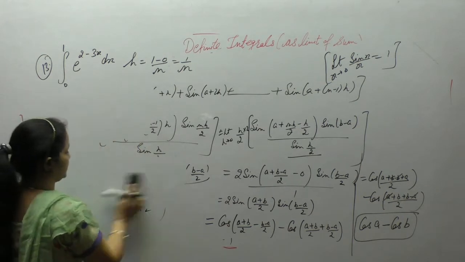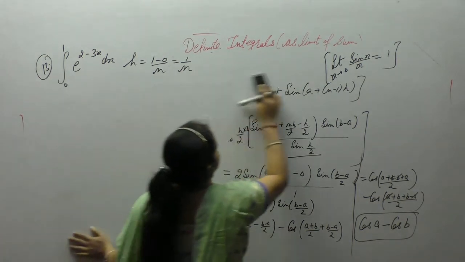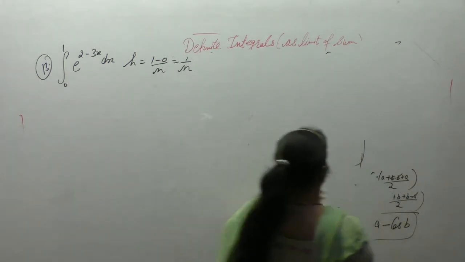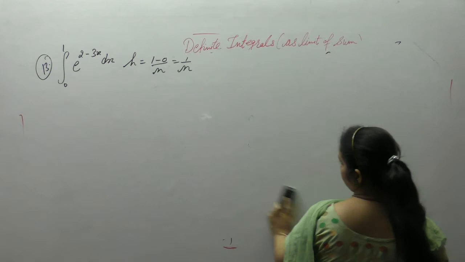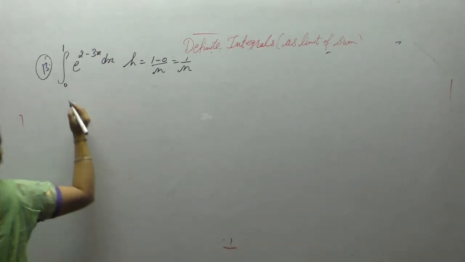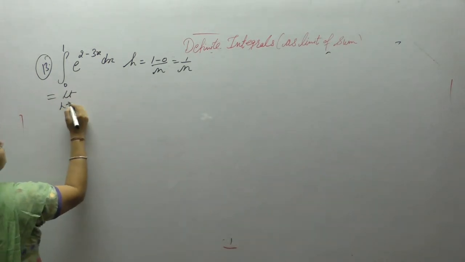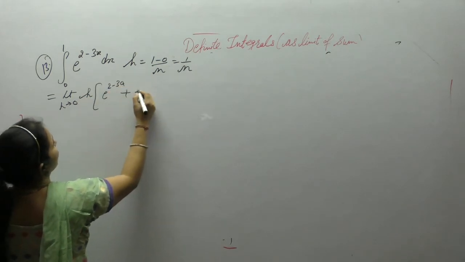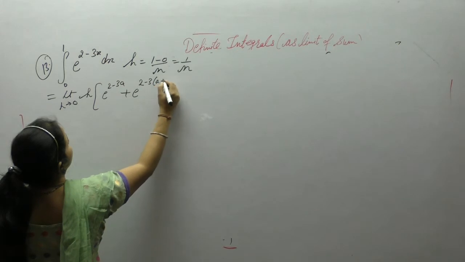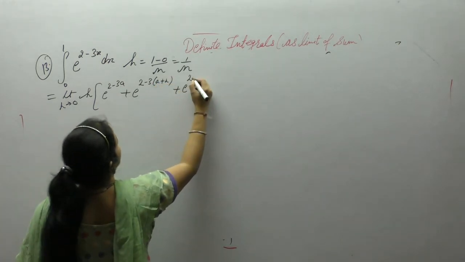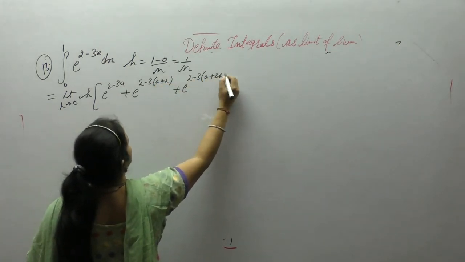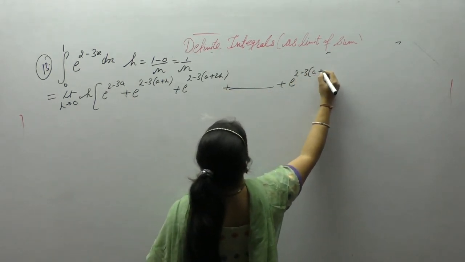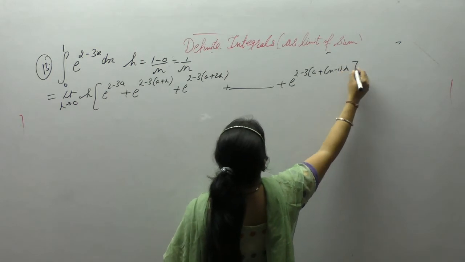Limit h tends to 0, h f of a plus h f of a plus 2h, up to f of a plus n minus 1 into h.